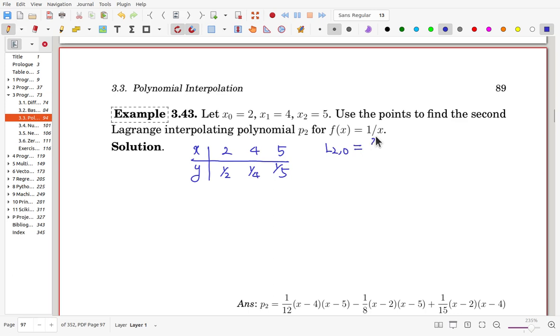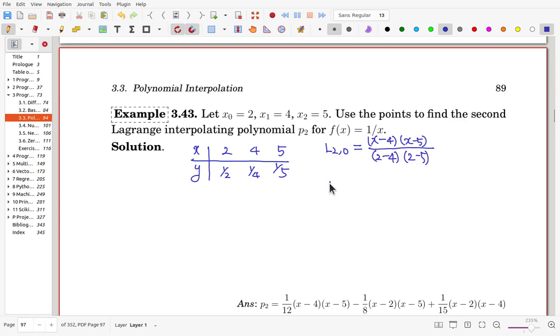Now x minus x1, which is 4, and x minus x2. Okay, divided by, we copy them to the bottom, the denominator, and then x must be replaced by x0. So that is now 2 minus 4, and that is 2 minus 5. Okay, that is L20.